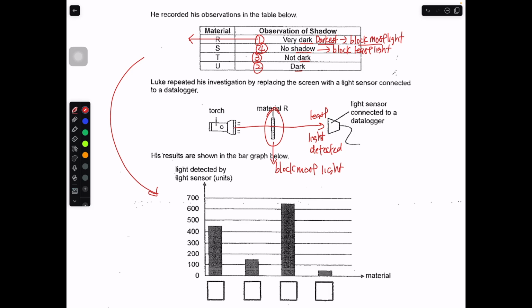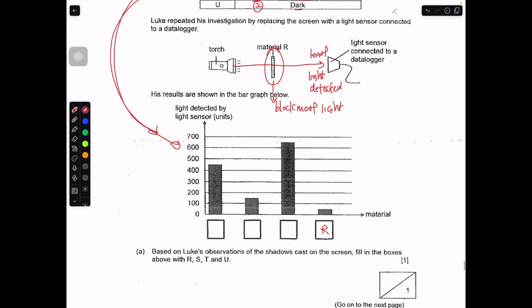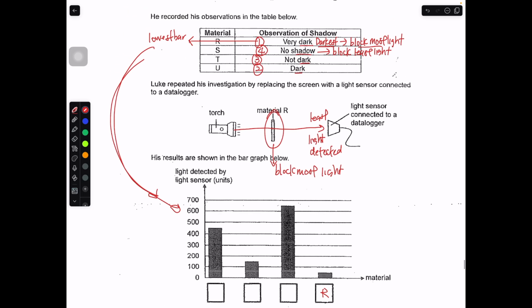So R will have the lowest bar. Number 1 is the shortest bar, followed by number 2, number 3, and number 4.